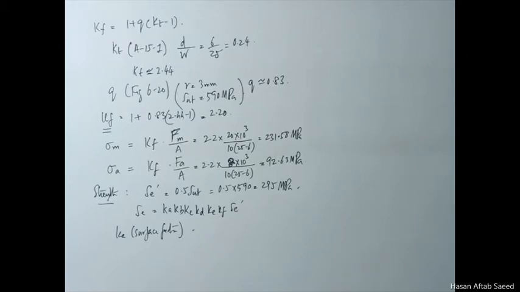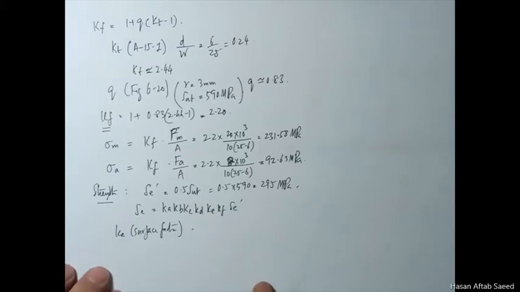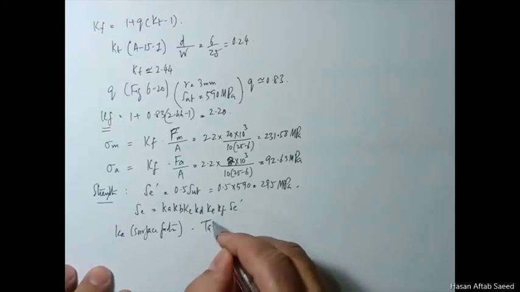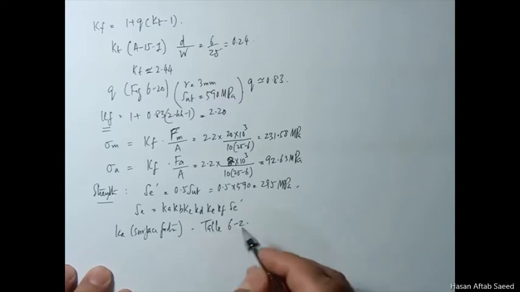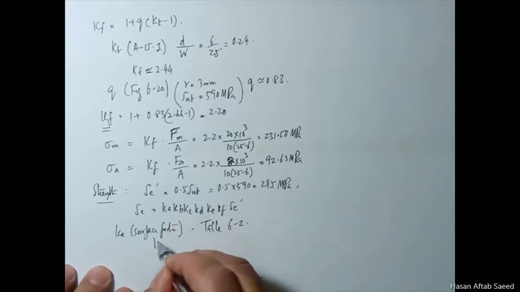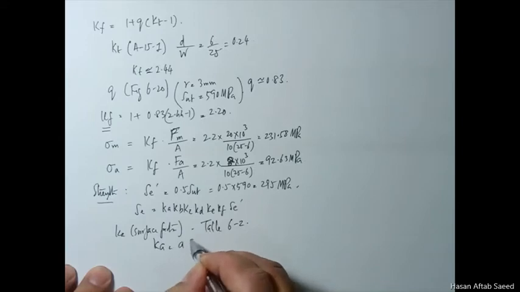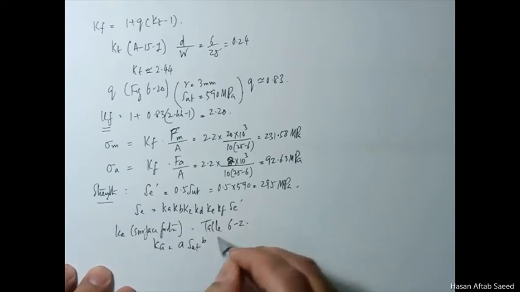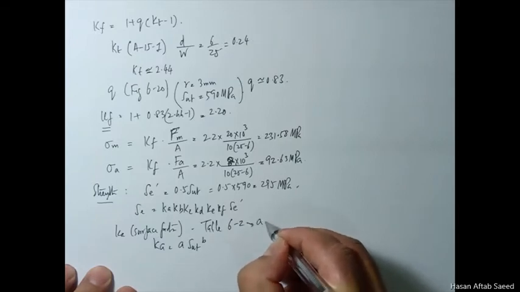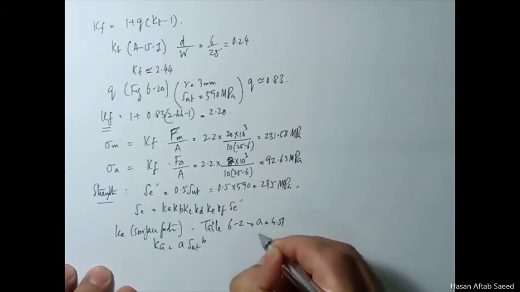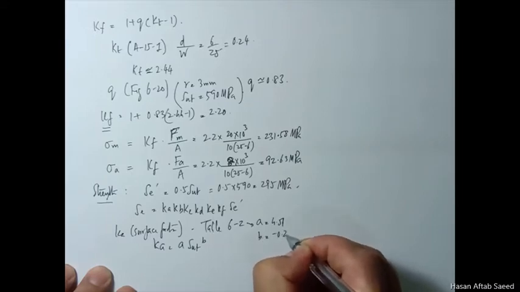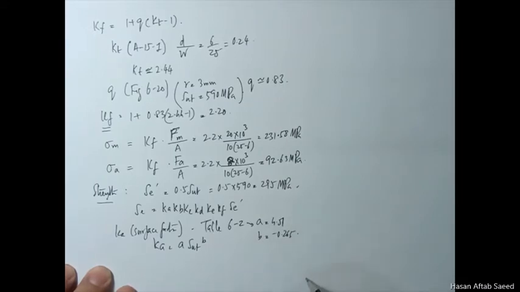So for cold drawn, if we consult table 6.2, you have the equation for Ka, which is a very familiar one, and the values of a and b from table 6.2. a is 4.51, whereas b is equal to minus 0.265.